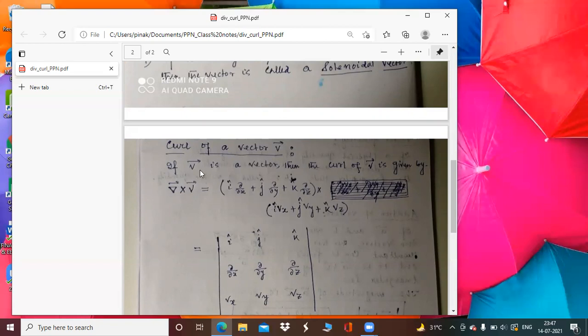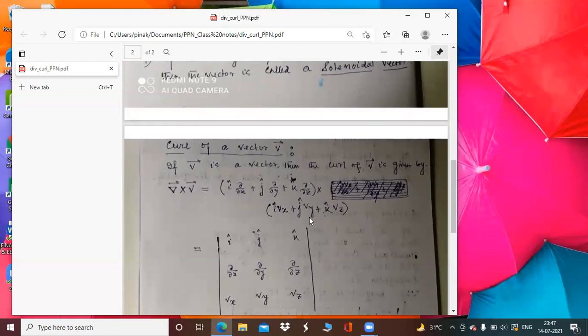And the curl of the vector v bar is given by del operator cross v bar, and that is equal to i cap del x plus j cap del y plus k cap del z, that means we are writing del bar as this, and whole thing cross i cap vx plus j cap vy plus k cap vz, that is v bar.